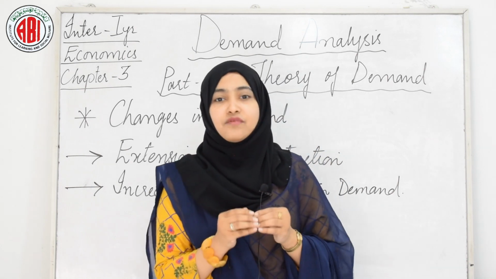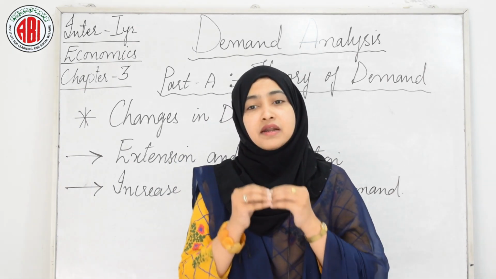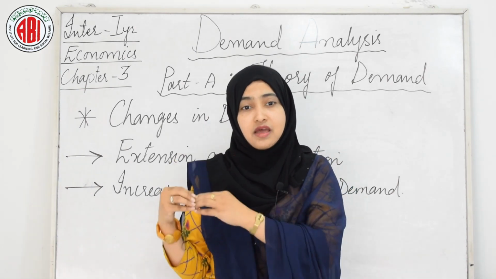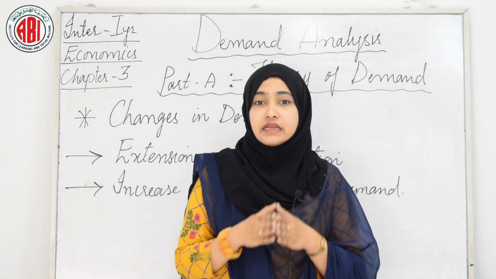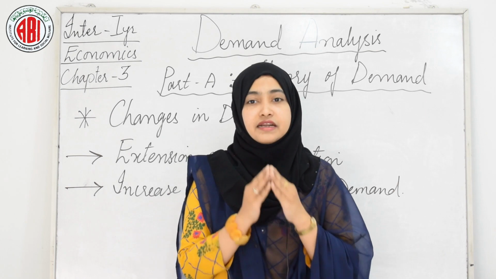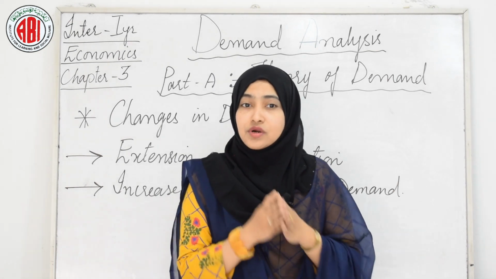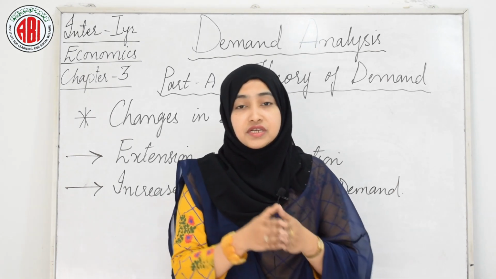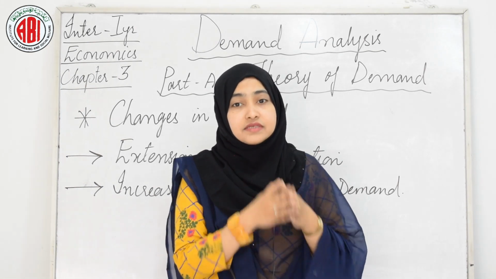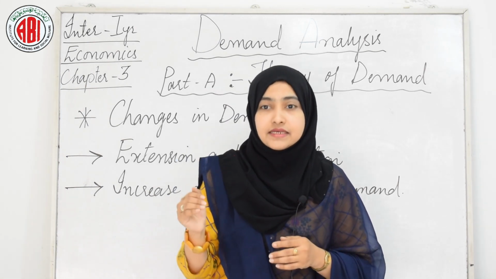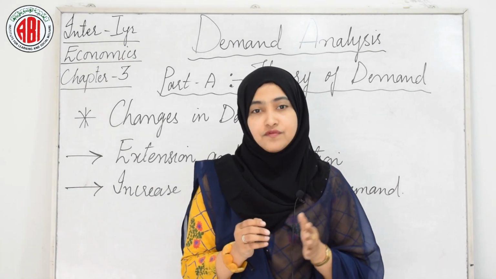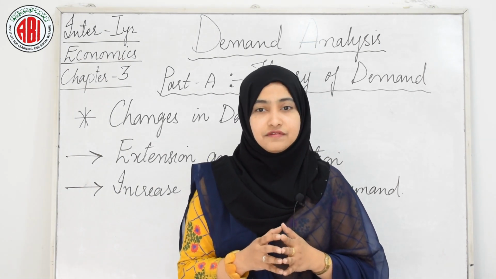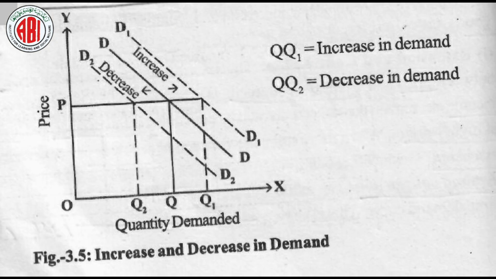In case of an increase in demand, the demand curve shifts towards the right of the original demand curve. On the other side, in case of a decrease in demand, the demand curve shifts to the left of the original demand curve. Getting it? So this is explained with the help of this figure.